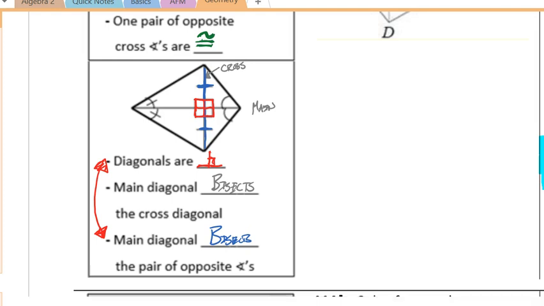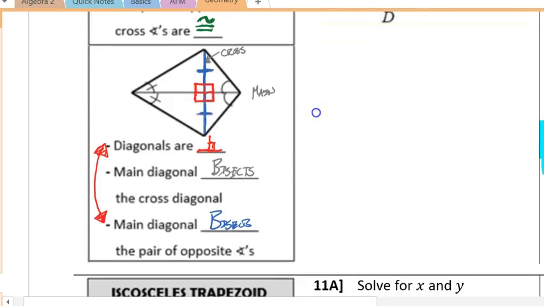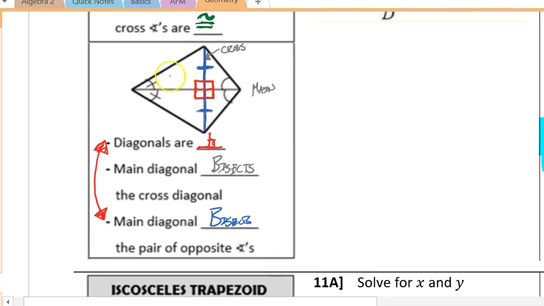So what we see happening is that in our kite, normally we have one set of opposite congruent angles. Here we don't have two angles that are congruent, but we have angles that are in fact split in half. So this and this are both equal. So these angles are split in half, along with the idea that this angle right here is split in half with that angle. So we have two half pieces looking there.